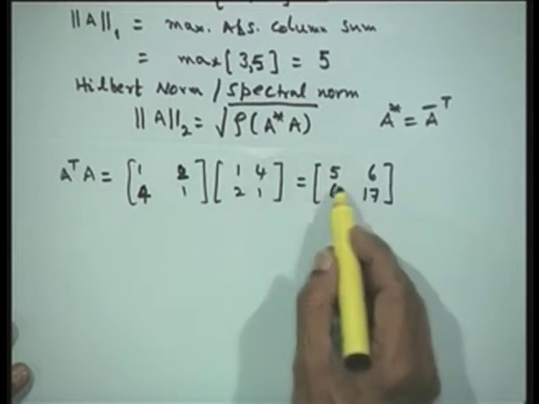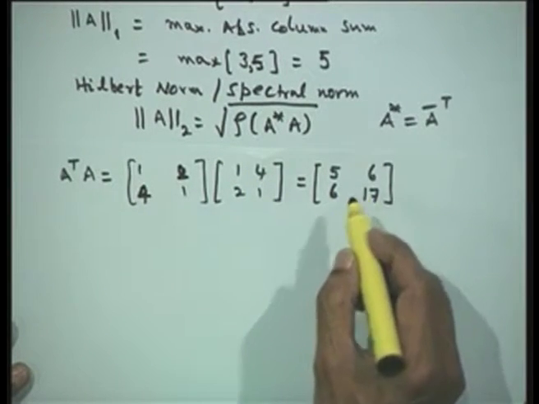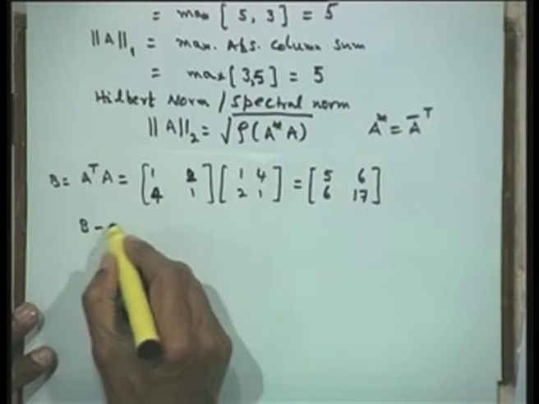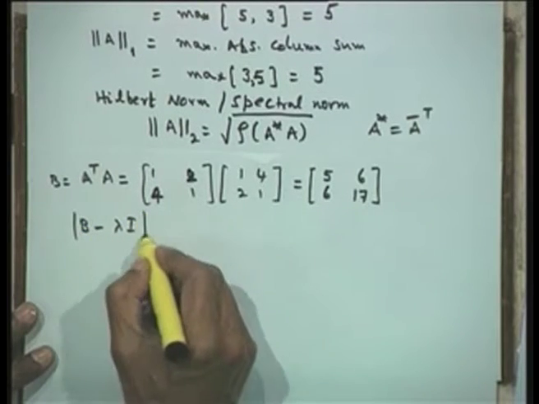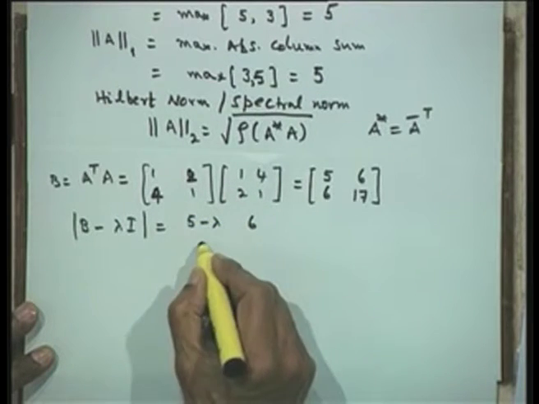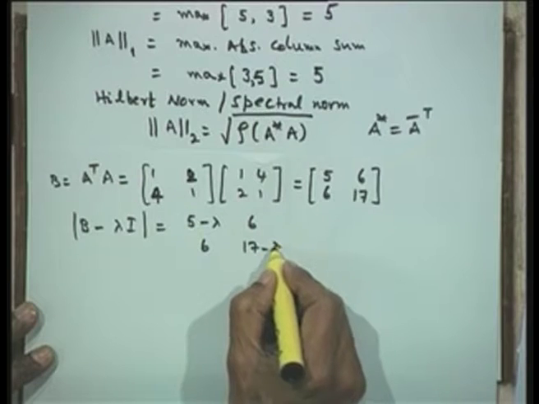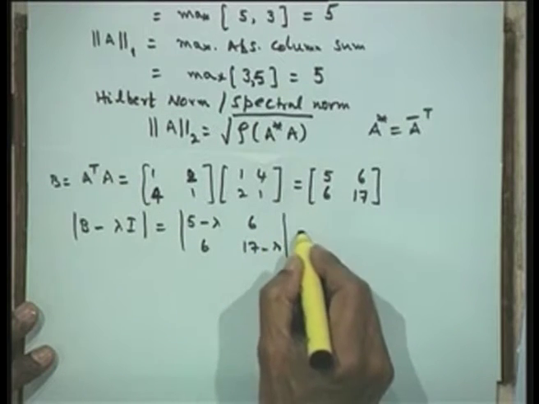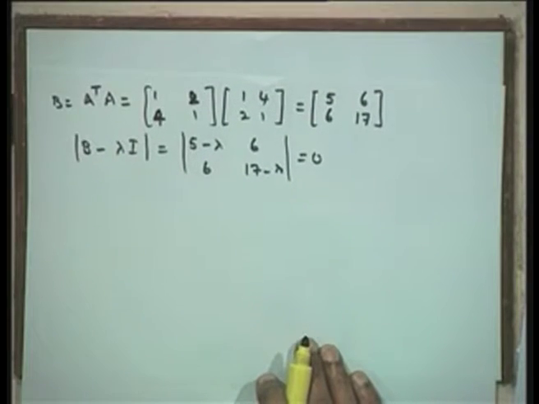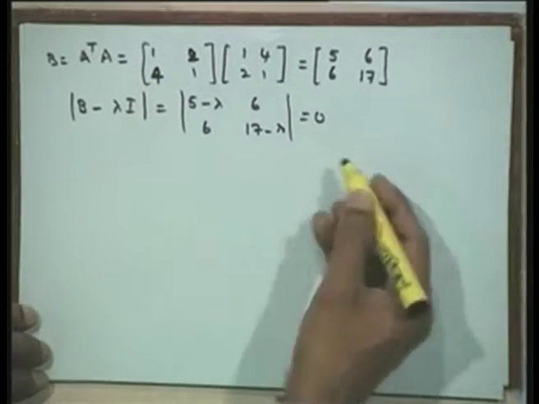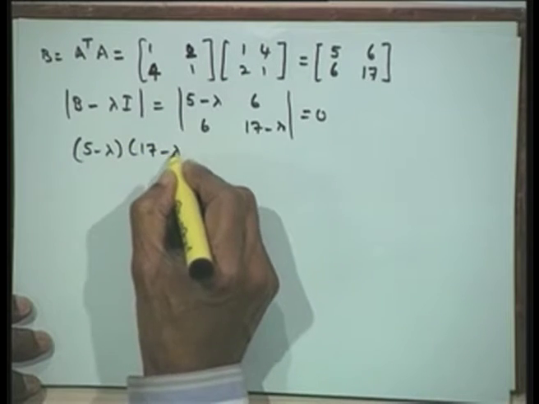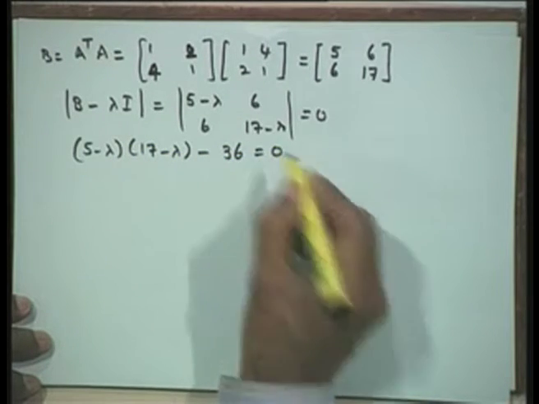Now, I need the spectral radius, that is the largest eigenvalue in magnitude of this matrix. So, I find the eigenvalues of this. Let us call this B. So, I have the determinant of B minus lambda I, that is, 5 minus lambda, 6, 6, 17 minus lambda, equal to 0. I can expand this and write it as (5 minus lambda)(17 minus lambda) minus 36 is 0.